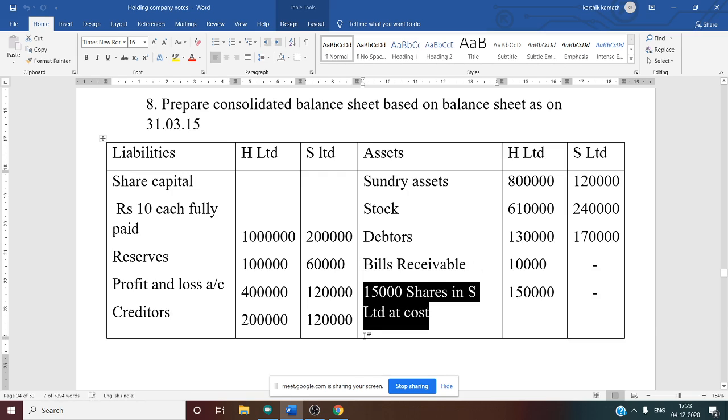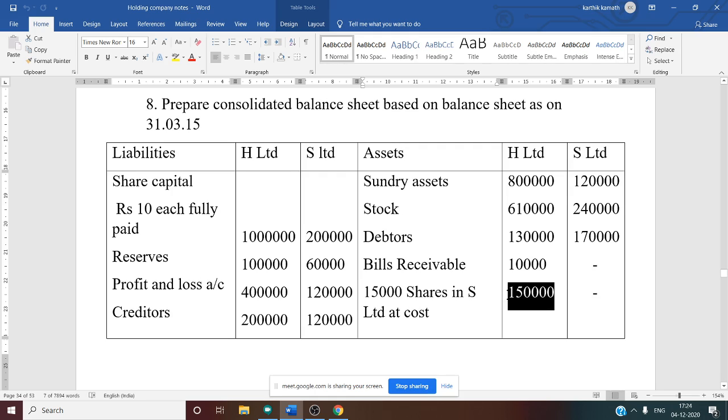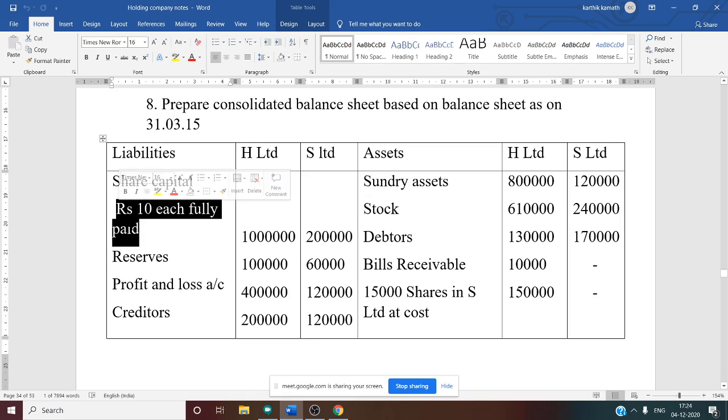15,000 shares in Yes Limited at cost, they have said. So we know 15,000 shares are invested by the holding company in the subsidiary company. So this 1,50,000 is nothing but the investment amount made by the holding company in the subsidiary company. If you see the subsidiary company share capital, it is 2 lakh, and the paid up value is 10.